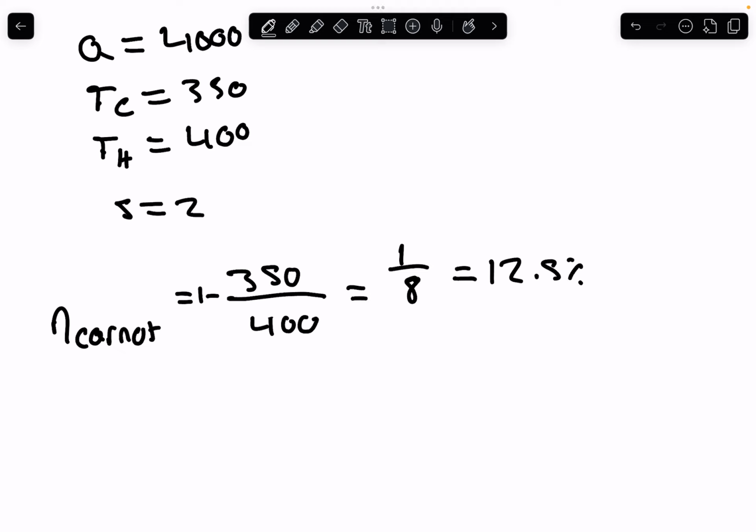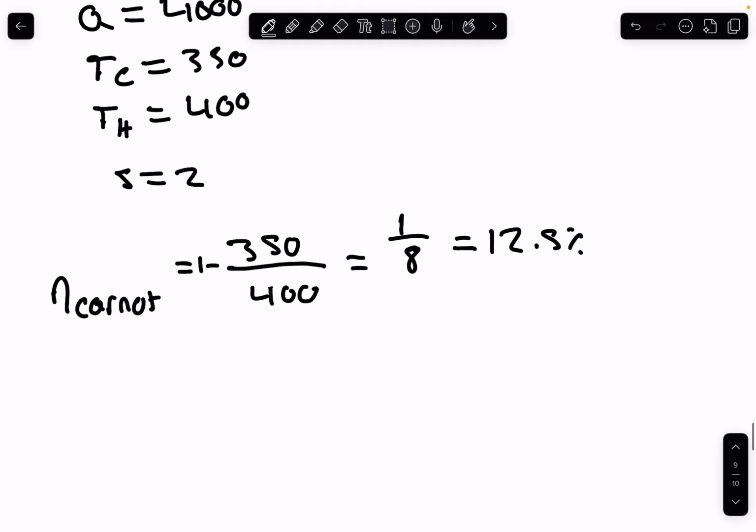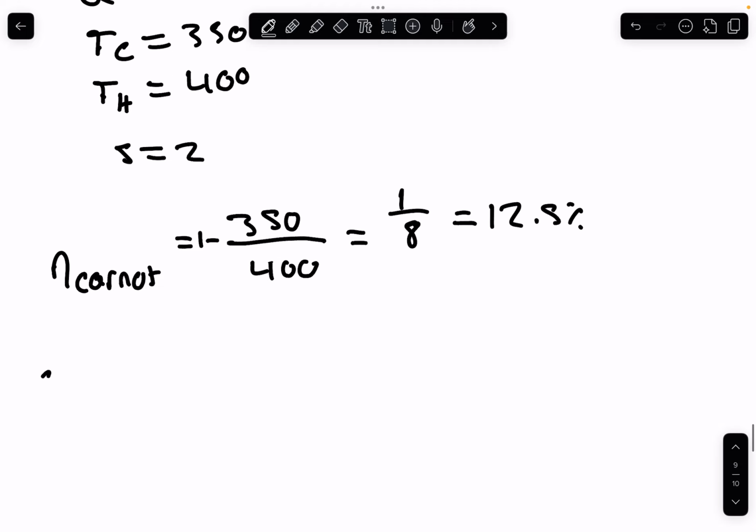Now you have the efficiency, so you can calculate the percentage of that heat energy that has been converted to work. 4,000 times 1 over 8, using your calculator again, will be equal to 500 joules.